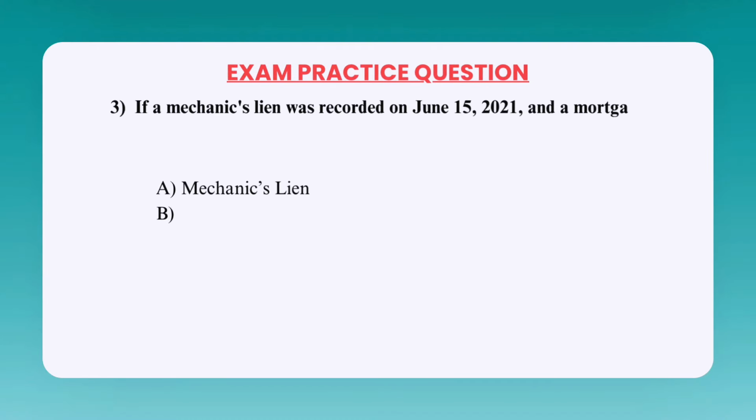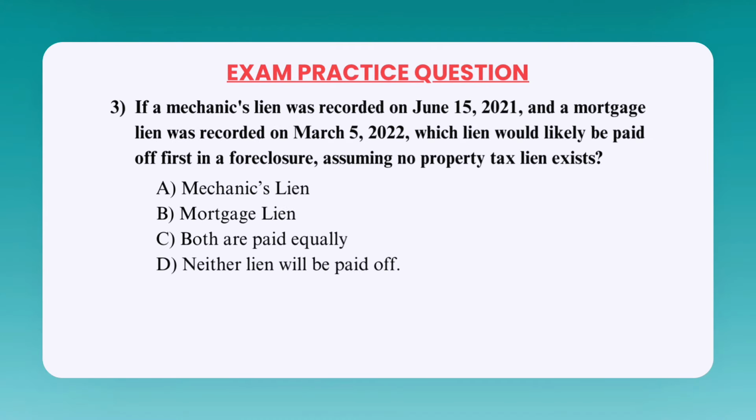Number 3. If a mechanics lien was recorded on June 15, 2021, and a mortgage lien was recorded on March 5th, 2022, which lien would likely be paid off first in a foreclosure, assuming no property tax lien exists? Is it A, a mechanics lien, B, mortgage lien, C, both are paid equally, or D, neither lien will be paid off?